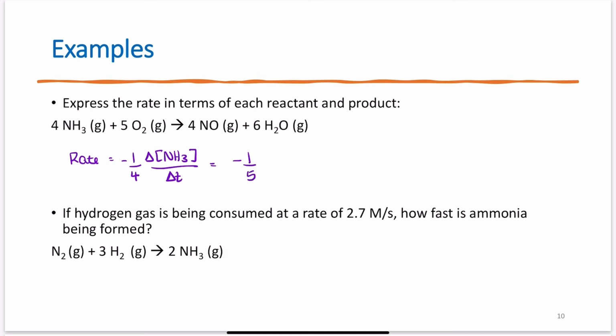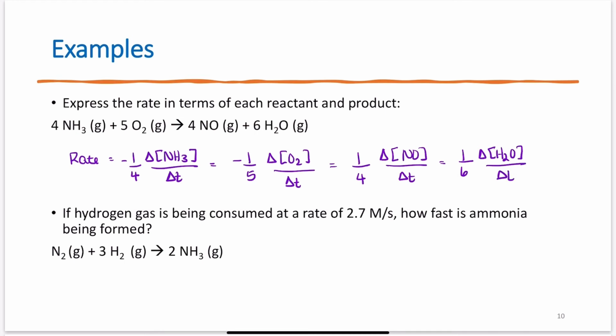This equals negative 1/5 change in concentration of O2 over change in time, which equals 1/4 change in concentration of NO over change in time, which equals 1/6 change in concentration of H2O over change in time. So again, always check yourself. Make sure your reactants have a negative sign in front to account for the fact that they're being consumed. Products have a positive sign or no sign implying positive. Make sure that your coefficients become your fractions, because that accounts for the stoichiometry of the reaction.